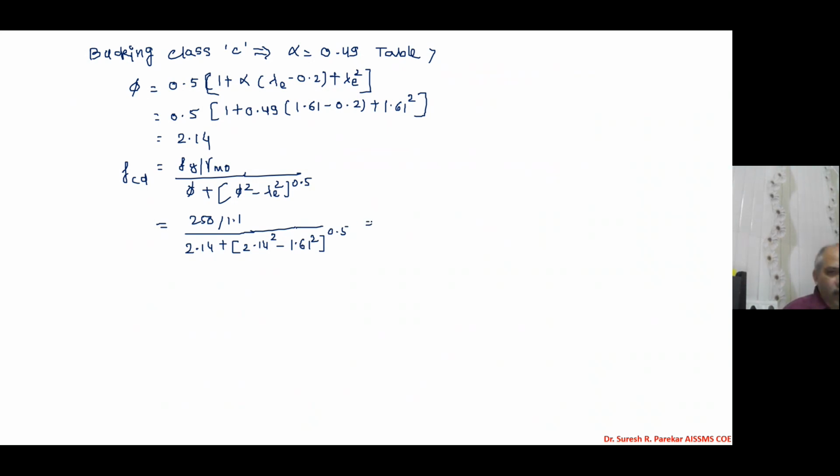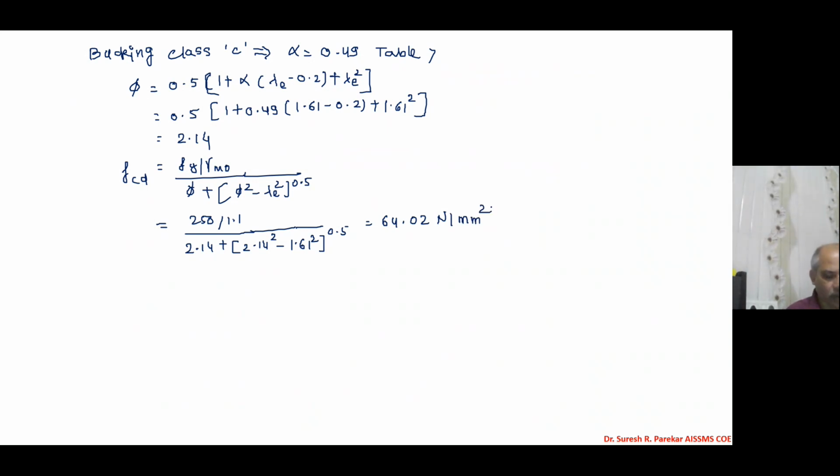And then we will calculate this value. That comes 64.02 Newton per mm square.